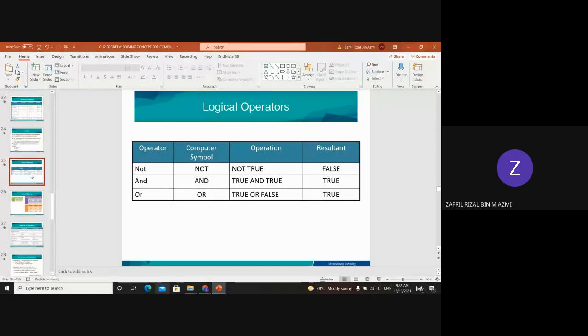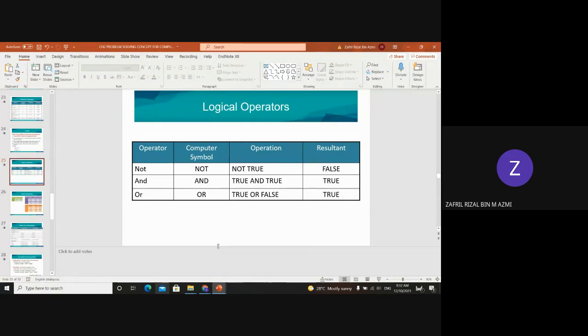And lastly, we have the logical operator NOT. NOT is a vice versa, right? For example, C equal to NOT A. So A is true. So what's the value of C?